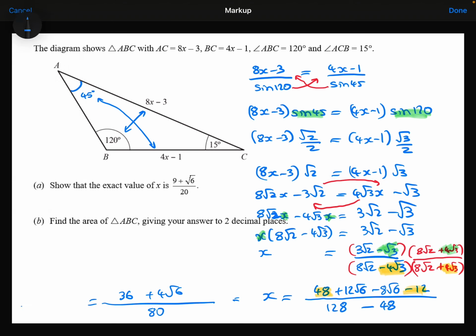And now we can divide the top and the bottom of this fraction by 4 to get the desired result. So that is part A of this question done. Make sure you press pause and get all that copied down if you need it, because I'm going to clear my screen for part B.